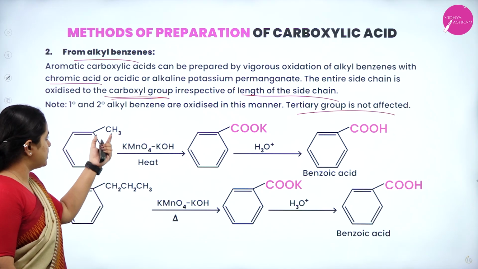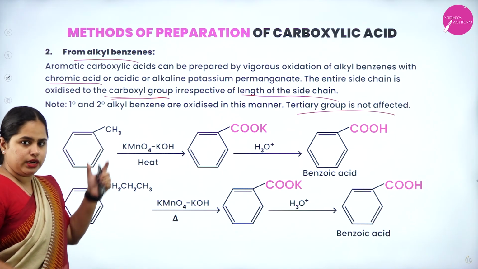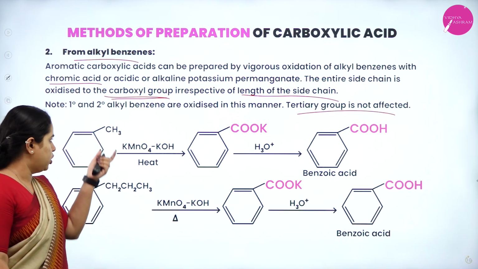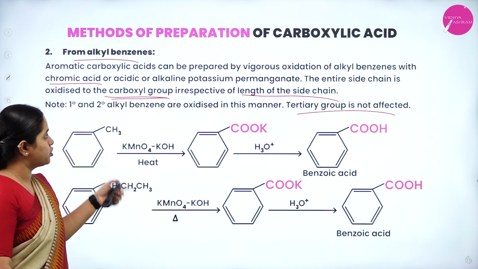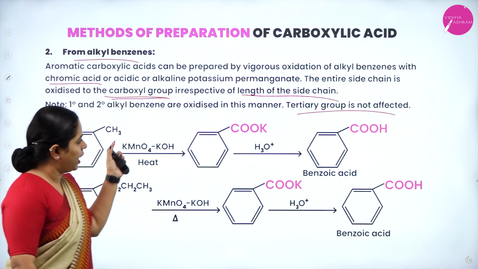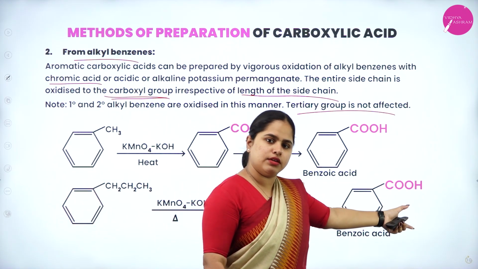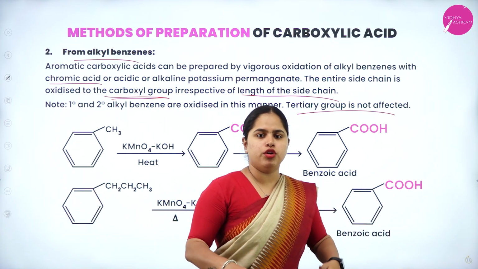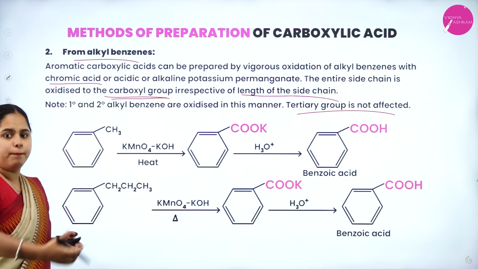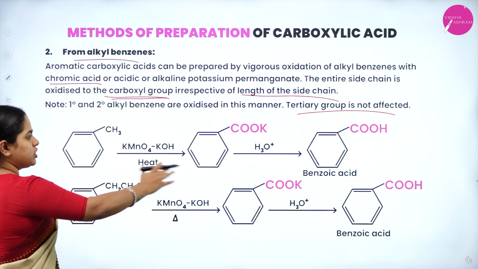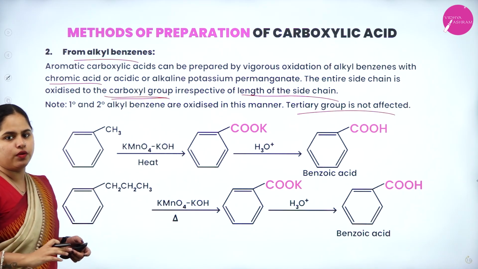In both cases the length of the alkyl chain is different, but after the reaction the carboxylic acid will be there. You are not going to get any extra products. Whether it is methyl, propyl, pentyl, butyl, whatever it is, COOH will be obtained there.